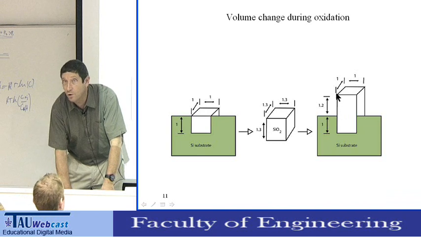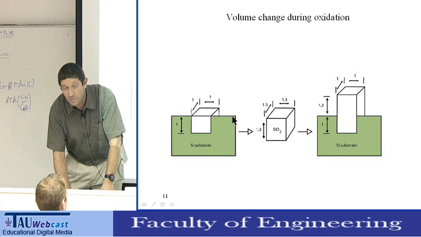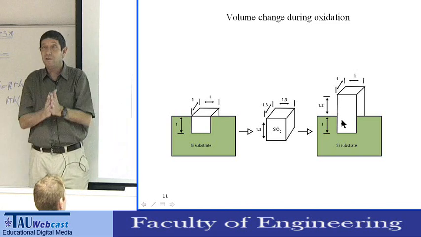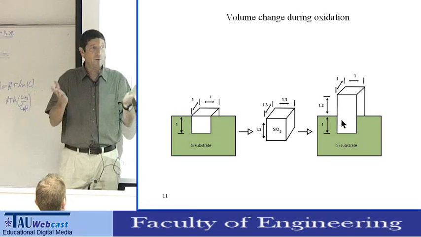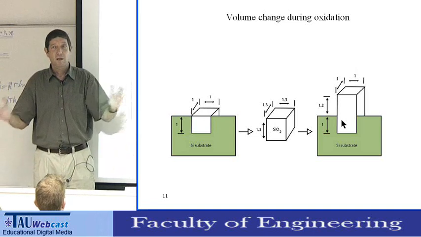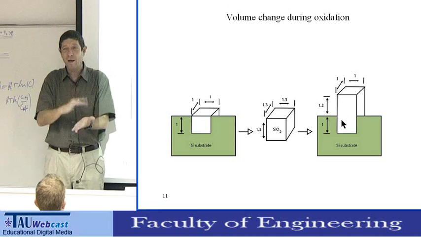So the total volume will be 2.2, because 1 volume of silicon generates a volume of 2.2 of silicon dioxide. And because it's a symmetrical growth, the growth on the right is the same as the growth on the left. Every volume, if it's 1 by 1, has to stay 1 by 1.